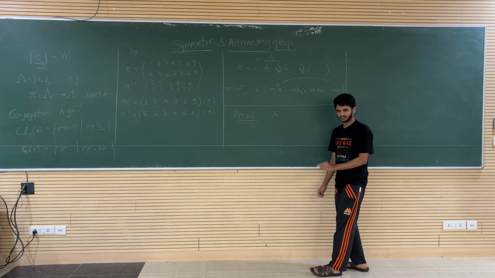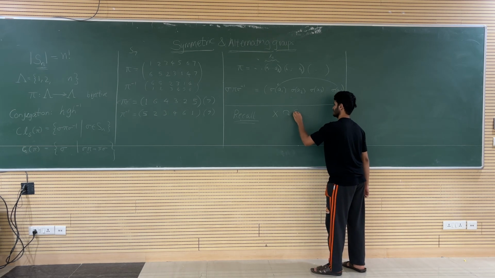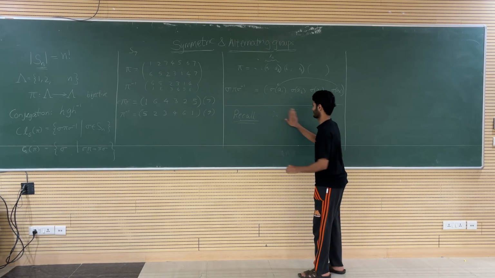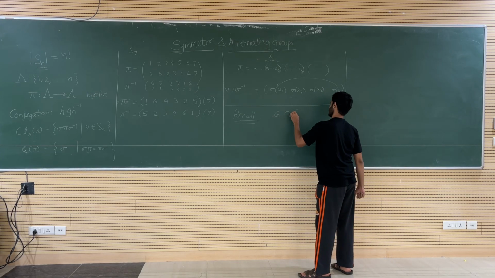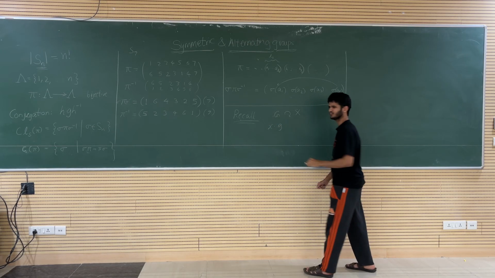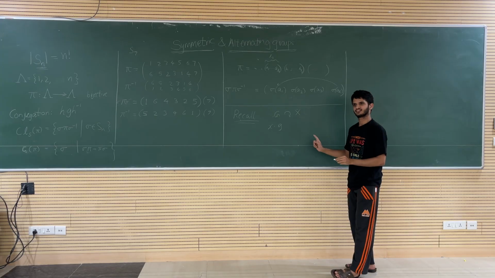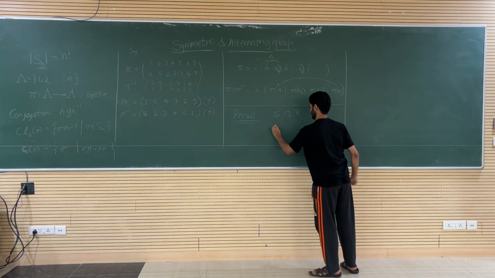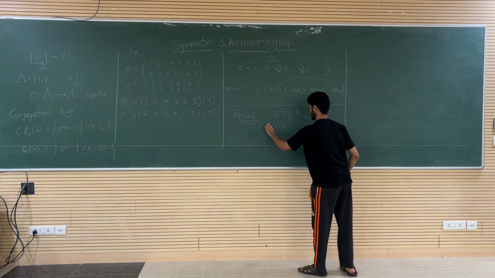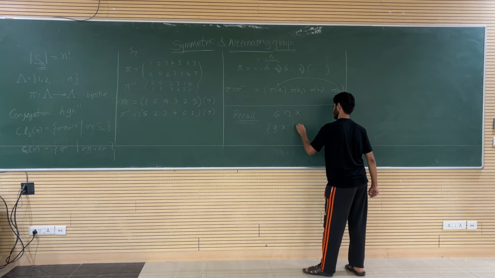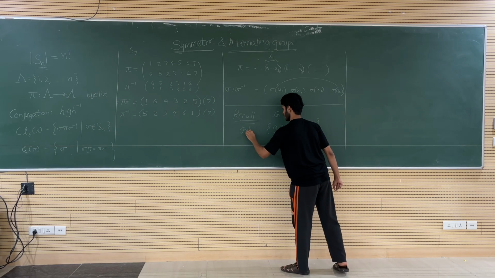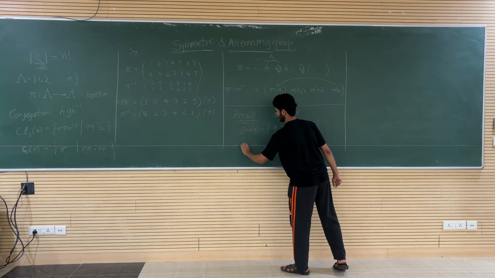If G acts on a set X, the set of all G dot x for x belonging to X is called the orbit, right? Orbit of x. Now what is the stabilizer?